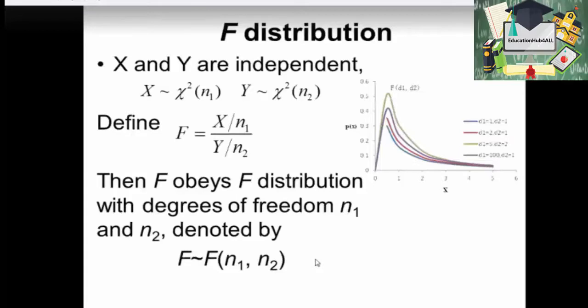The chi-square distribution comes from the sample variance. That's why this one can be used to test the significance of variance, which is commonly used in ANOVA. In ANOVA, okay.